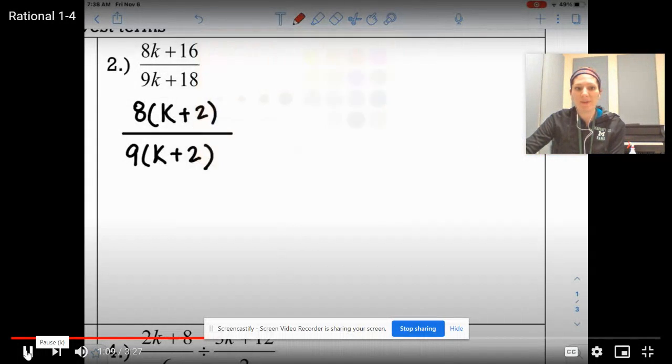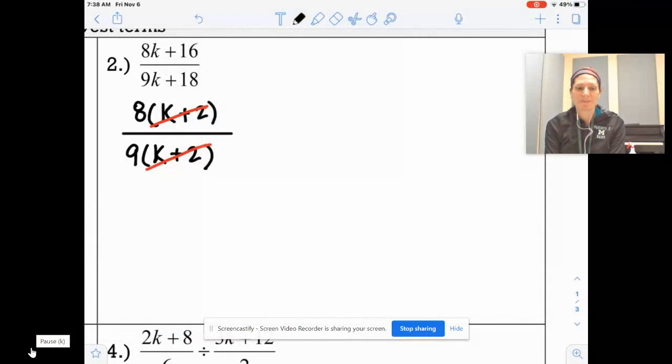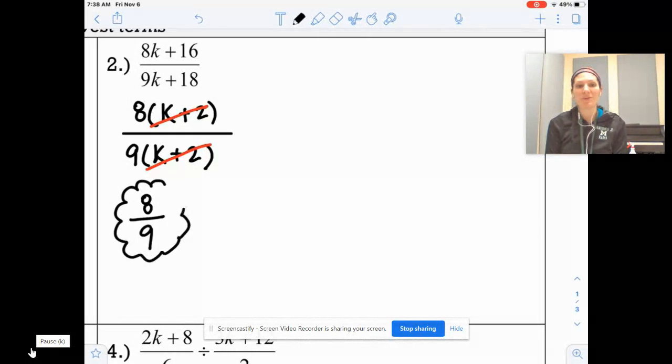Now, these are so fun because when you have factors that appear in the numerator and denominator, then you can cancel the factors. And that's going to leave me with a final answer of 8/9. If I was asked the domain of this expression, I would set the denominator equal to 0 and solve for my variable.